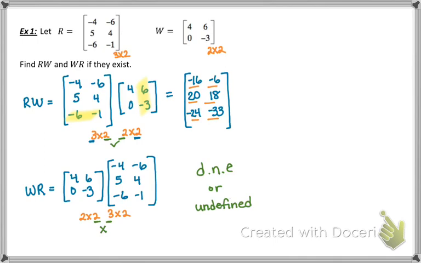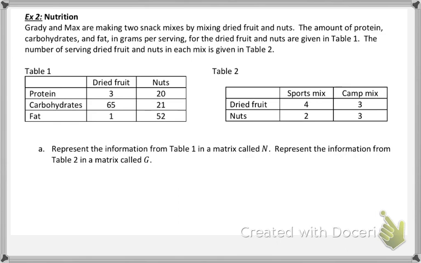Alright, let's take a look at an application problem of where we can use matrix multiplication to help us solve problems. Alright, so example 2, nutrition. We've got Grady and Max who are making 2 snack mixes by mixing dried fruit and nuts. The amount of protein, carbs, and fat in grams per serving for the dried fruit and nuts are given in table 1.